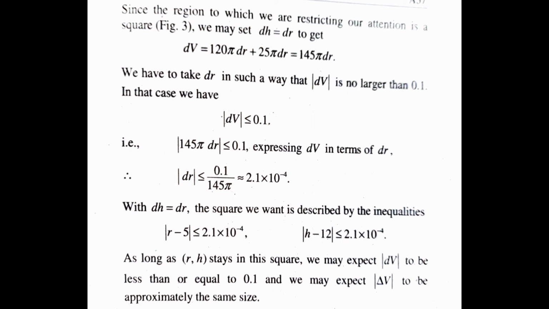As long as (r, h) stays in this square, we may expect mod dV to be less than or equal to 0.1, and we may expect mod delta V to be approximately the same size. Okay, got the idea? Please write down these steps in your notebook.